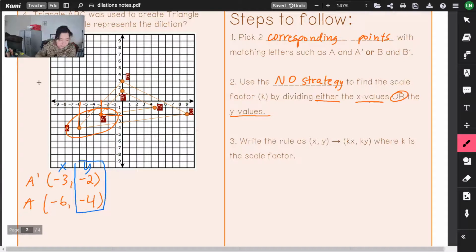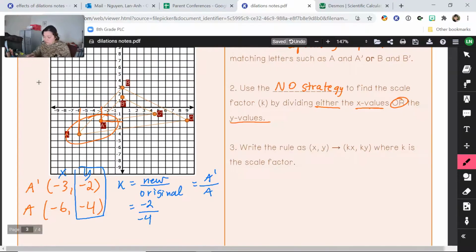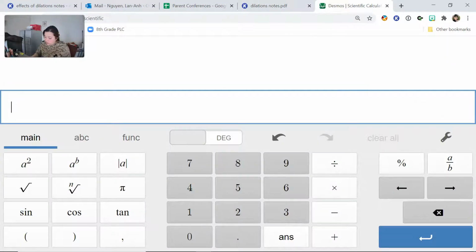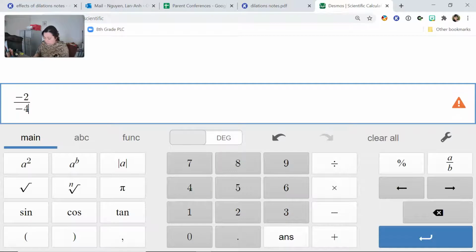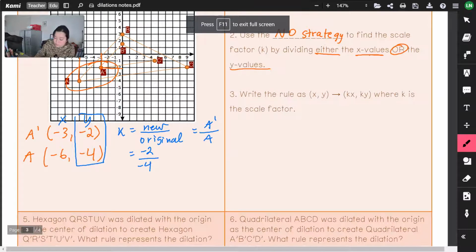So k is the new divided by original, which is the same as saying A prime divided by A. That's why I wanted to line it up like that. So -2 is the A prime y, and -4 is the A y. Either you've already figured it out, or if not, that's what Desmos is for. So we have -2 divided by -4. Look at that, positive 1/2, because the 2 negatives cancel out. 2/4 reduces to 1/2. So our scale factor is 1/2.